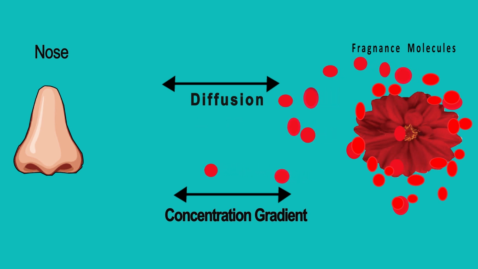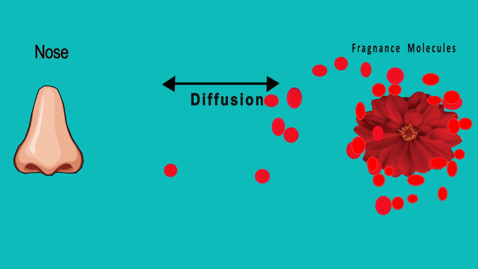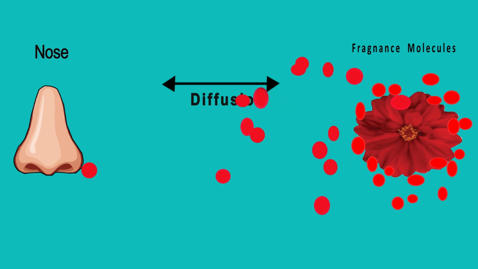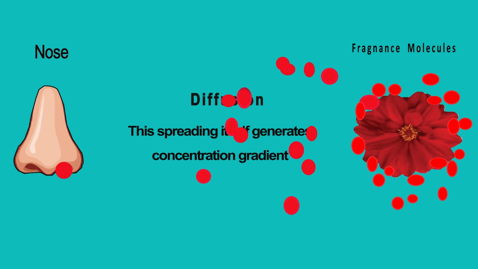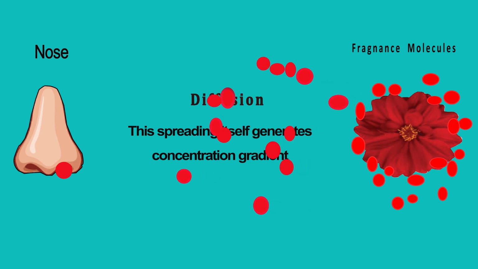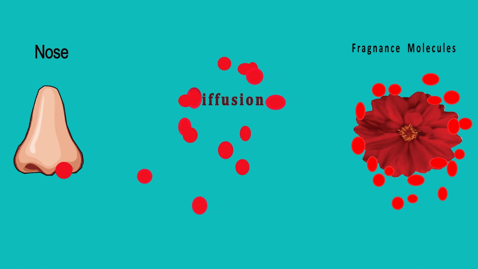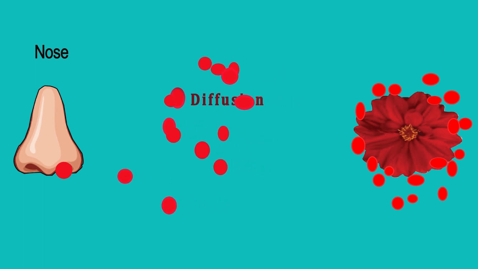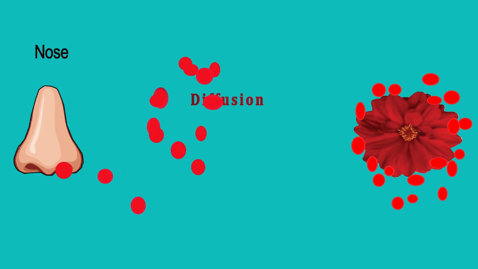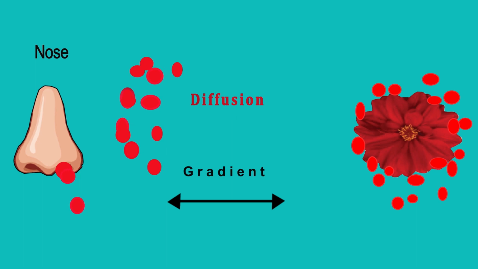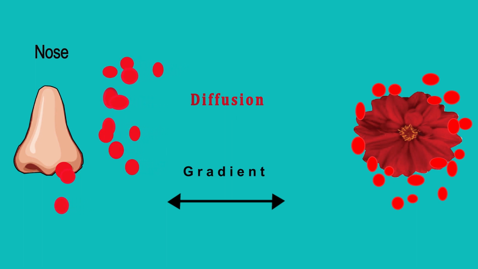For example, spreading of the scent of a flower from high concentration to low concentration generates a concentration gradient. As the intensity of fragrance, or more precisely, the concentration of fragrant molecules varies along the axis, it develops a gradient. Diffusion is the movement along the concentration gradient.